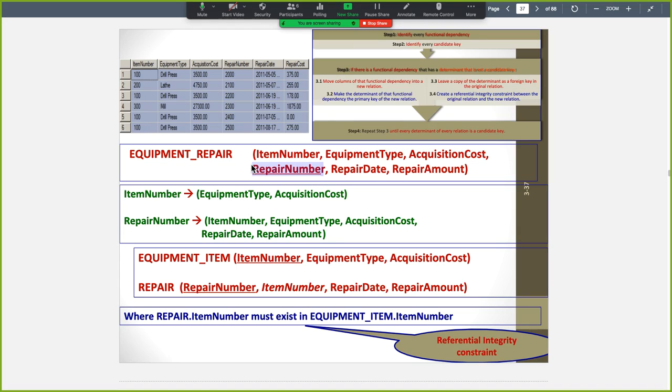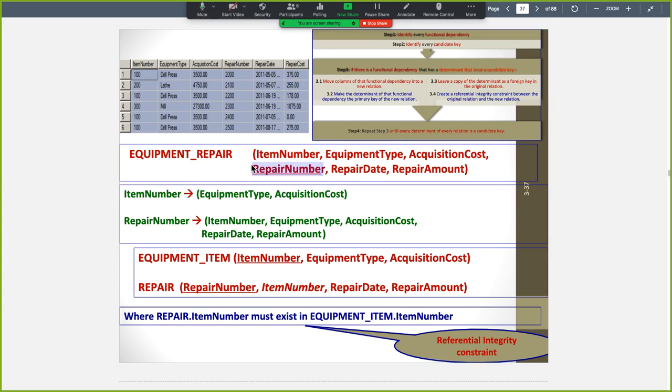If you know repair number, in real time, does repair number tie directly to the cost of the equipment you're trying to repair? Logically it could be, but it's not 100% proof.